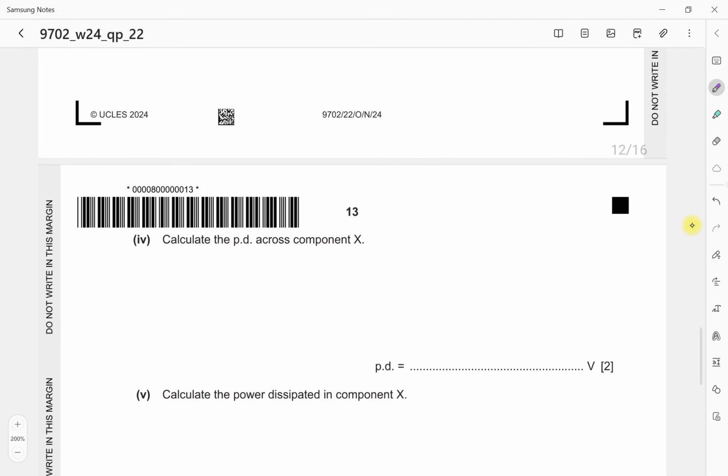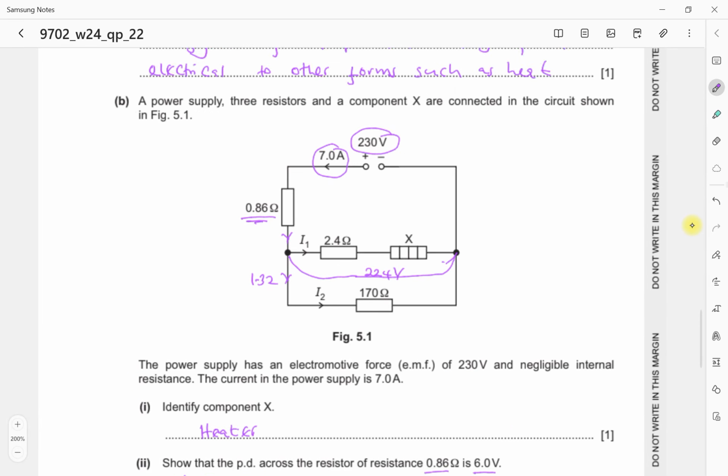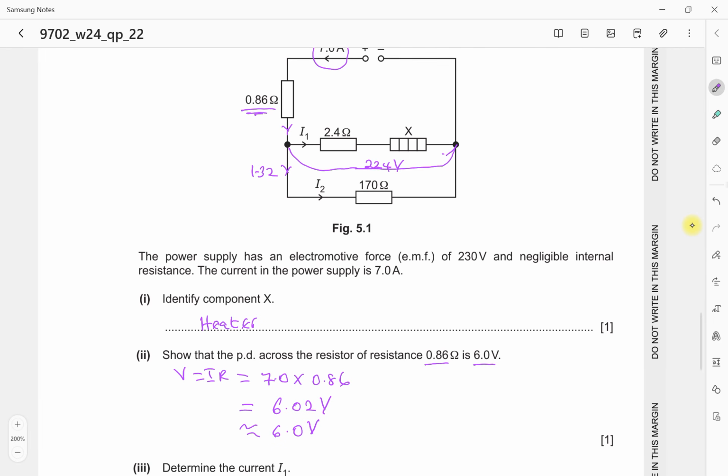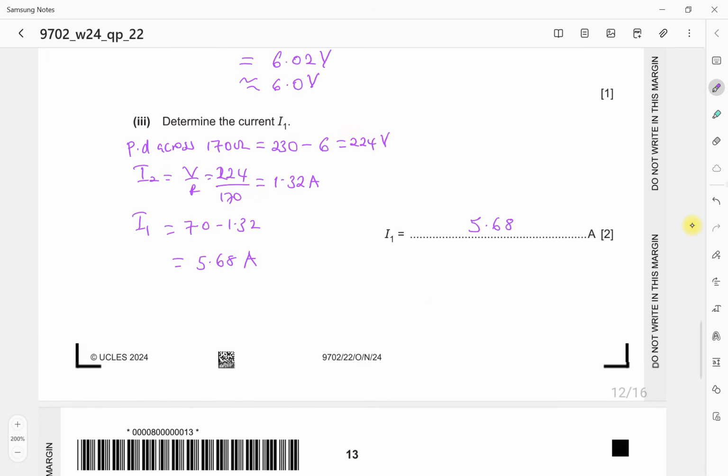Then calculate the PD across component X. Now we know the total PD across the 2.4 ohm resistor and X, which is 224. We now know the current I2. Do we know the resistance X?